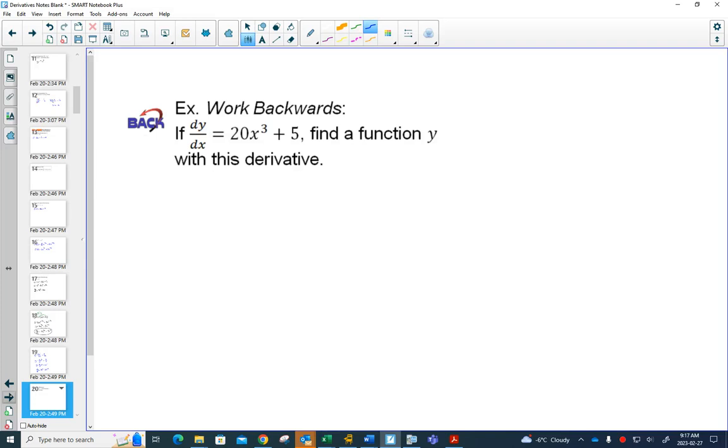Work backwards. Okay? There's 2 work backwards. There's just the 1 work backwards. Try it first on your own. I'll put up the answer in a second.